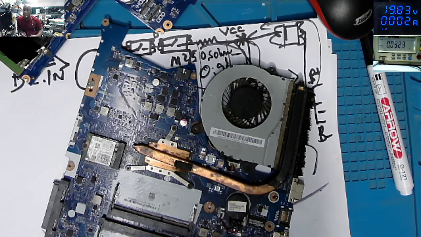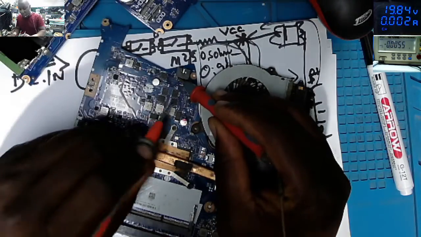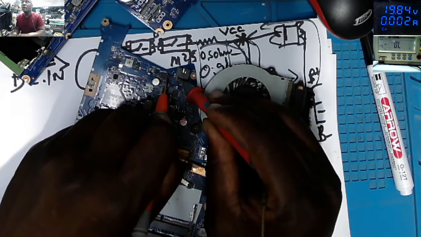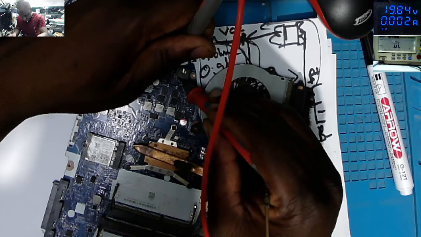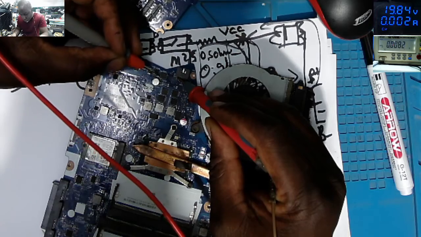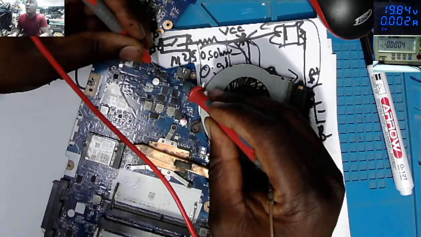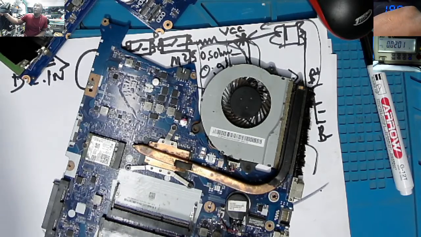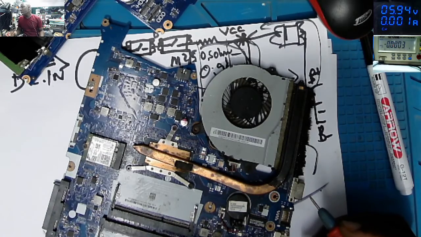Let's check again. That's the input of the first MOSFET. The output 0. Okay. You know what? Let's lower the voltage to 5 volts.